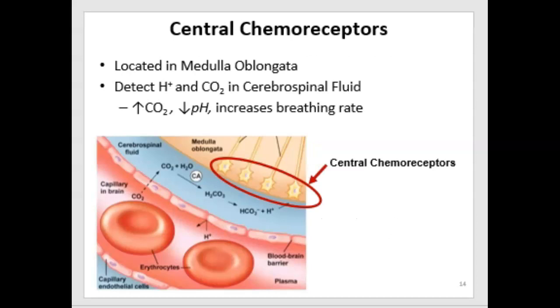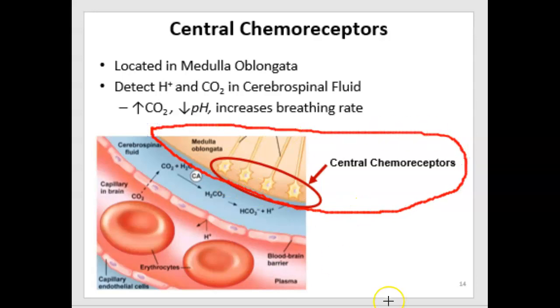So let's look at the central chemoreceptor first. I suppose it's the hardest to put your head around. In this picture, the brain is beige. That's the medulla oblongata. And the blue is where the cerebral spinal fluid is. So the subarachnoid space, or deeper in the ventricle.